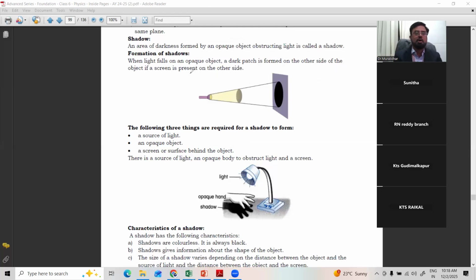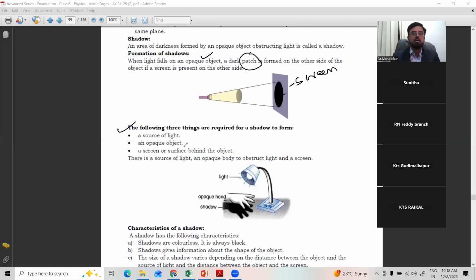When light falls on an opaque object, a dark patch is formed on the other side of the object. If a screen is present on the other side, you can place one screen and catch the shadow. If a screen is not there, you cannot see it. When you place the screen behind the opaque object, that object's shadow is formed on the screen. A darkness is formed.